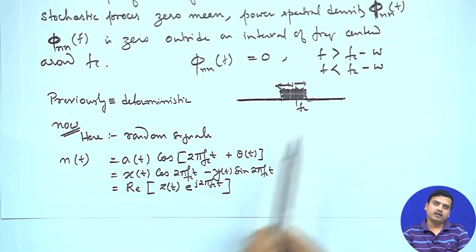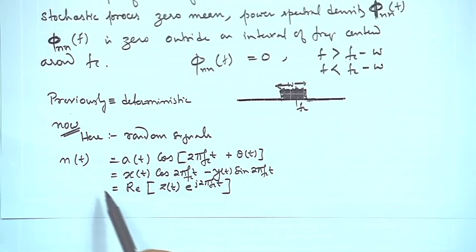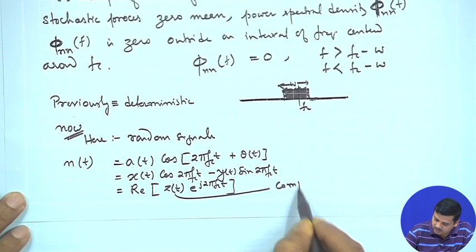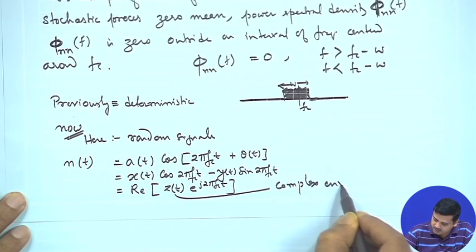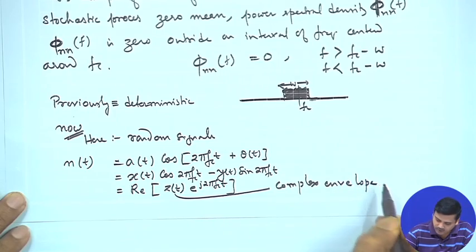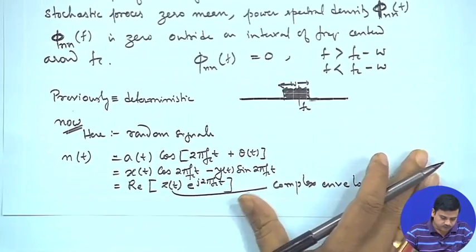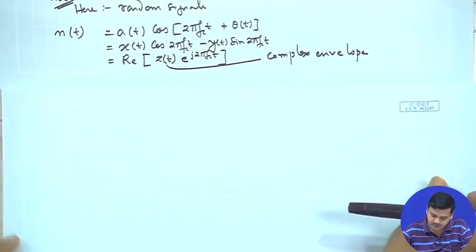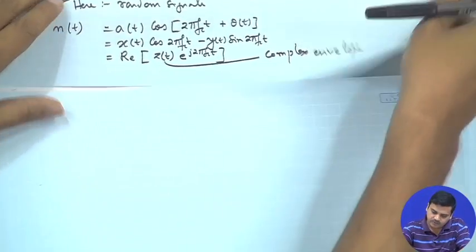So, it is a narrow band signal, and whatever be the signal, if it is narrow band and centered around f_c, you could represent it in a form like this, and of course, z(t) is the complex envelope of this.